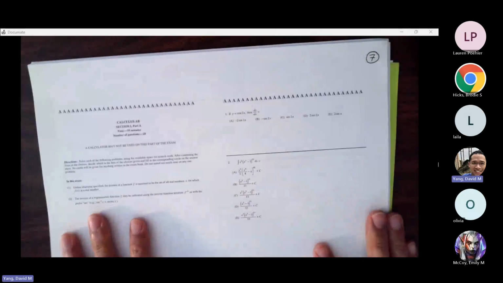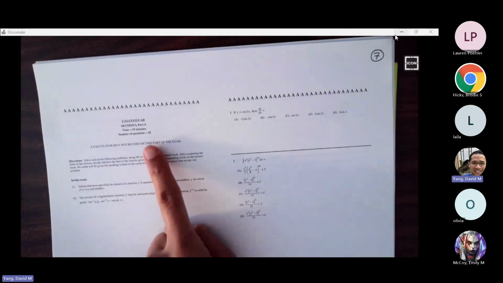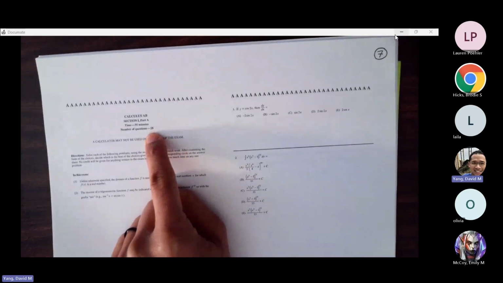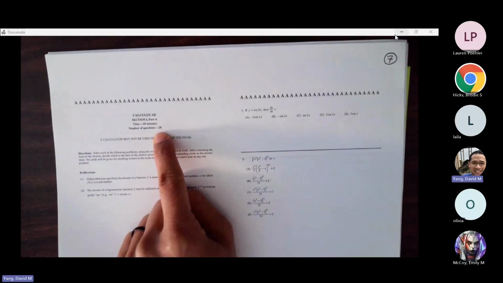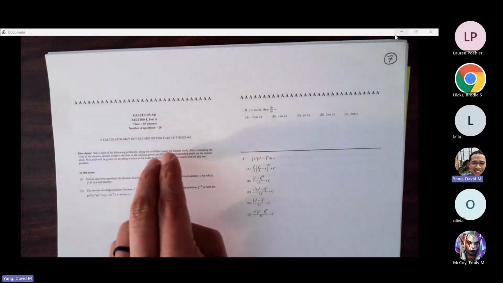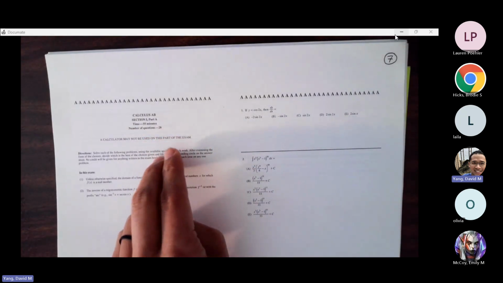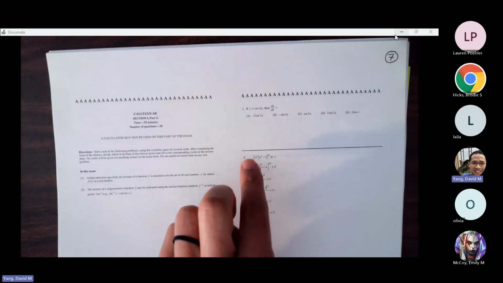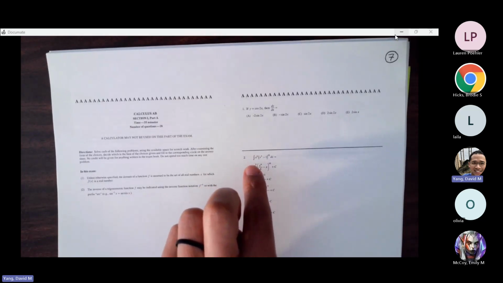And I think I'm going to try to work through every problem here. So section A is non-calculator. Now on your current AP exam, this is an older test from 2016, but I think shortly after, maybe starting 2017, 2018, they changed it to be 30 multiple choice non-calculator and then 15 calculator multiple choice.